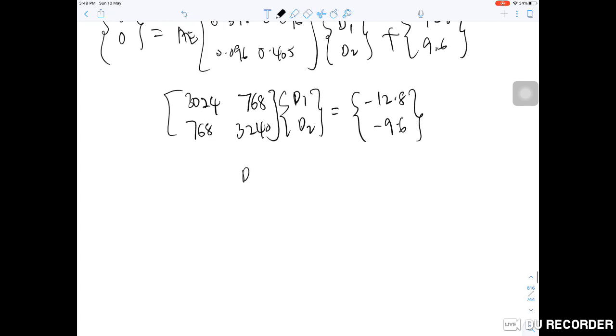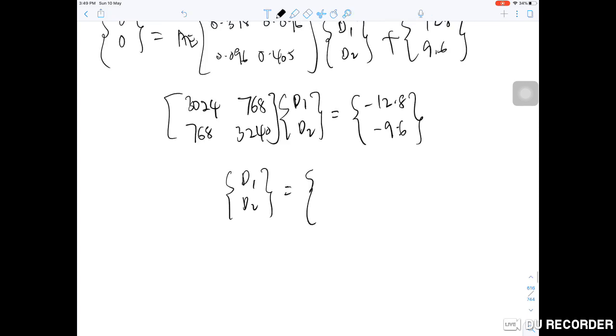So we solve for the displacement. We use simultaneous equations with two unknowns. A1 is 3024, B1 is 768, C1 is negative 12.8, A2 is 768, B2 is 3240, C2 is negative 9.6.